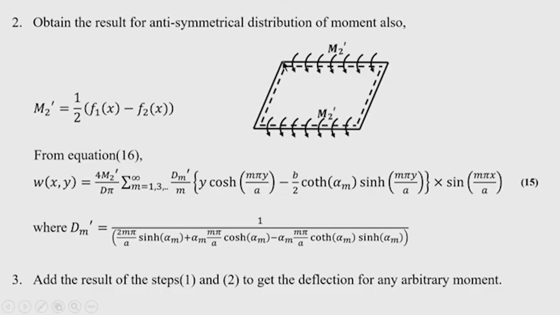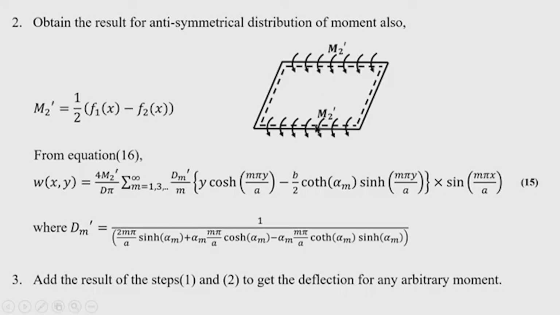For example, this edge of the plate is subjected to a moment that is shown here, acting in the clockwise direction, say 10 kilonewton meter per meter, and it is also acting in a clockwise manner, but the nature of the moment is such that it will produce an antisymmetric deflection.